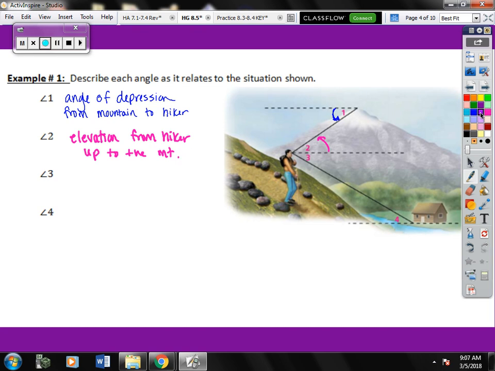Angle 3, elevation or depression. Brett? Which one is number 3? This one. So it would be depression. Sorry, I thought I heard you say it. That's why I called on you. So it's depression.